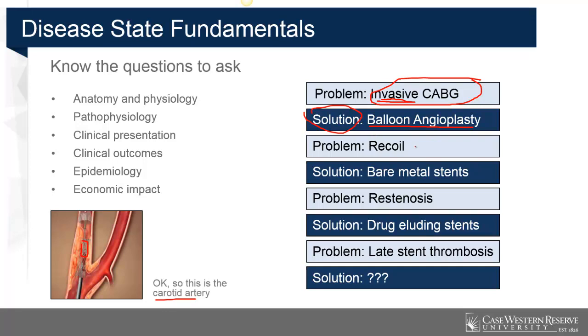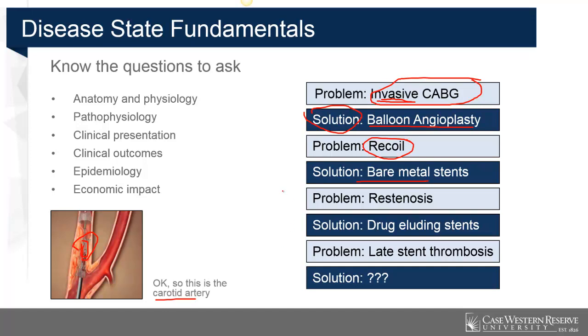But the problem that followed was recoil. Over a period of time, the patency of the artery was compromised, and we started to have closure and occlusion of the artery again. So the solution was, when we put the balloon in, let's add a bare metal stent. Here's an example of a bare metal stent, as I showed you earlier.